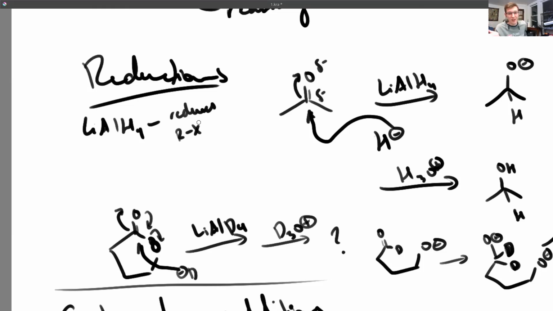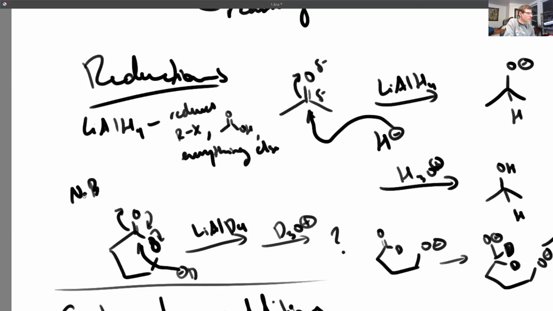But if you see a deuterium attached onto a carbon with specific stereochemistry, it's very possible that it was through this. So it reduces those, it reduces acids, and it reduces everything else, right?